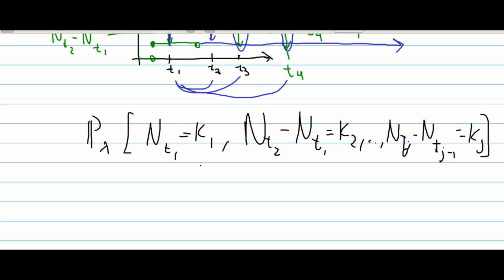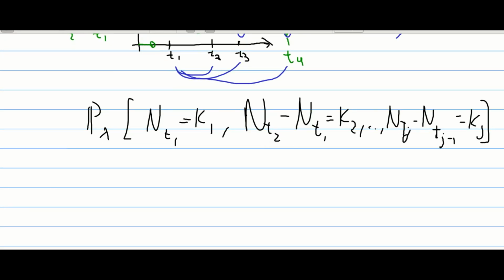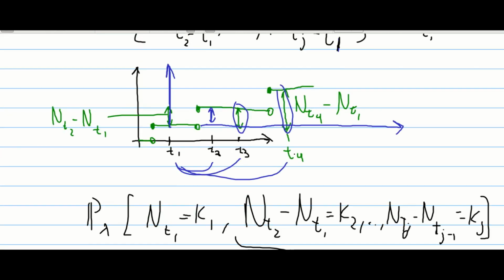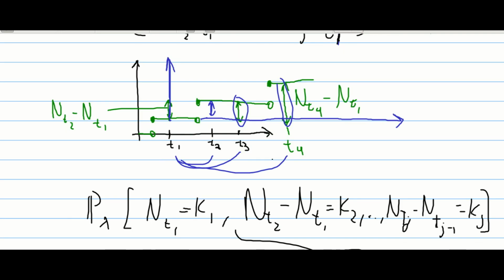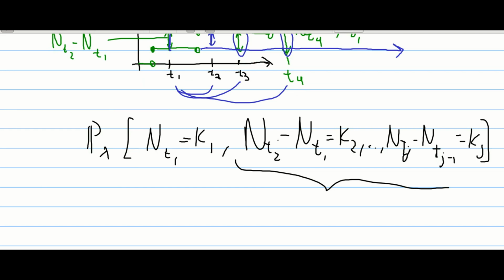So the first thing we do is to take this event that we're seeing here and writing it using the theta function, because we want to get it in a similar writing as the original event we had. But you see that here we are not always subtracting NT1.